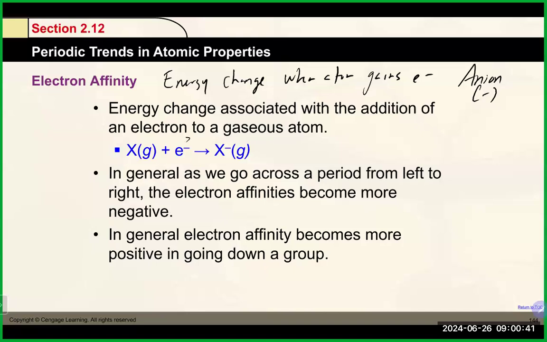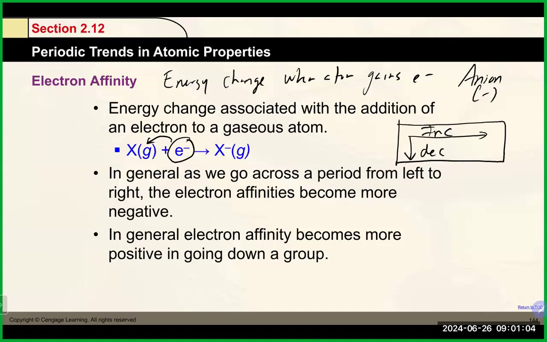This equation is written like this, like the electron is being added here to the element and will become negatively charged. The general trend in electron affinity is that it increases as we go up and to the right and decreases as we go down and to the left. It's not a perfect trend.